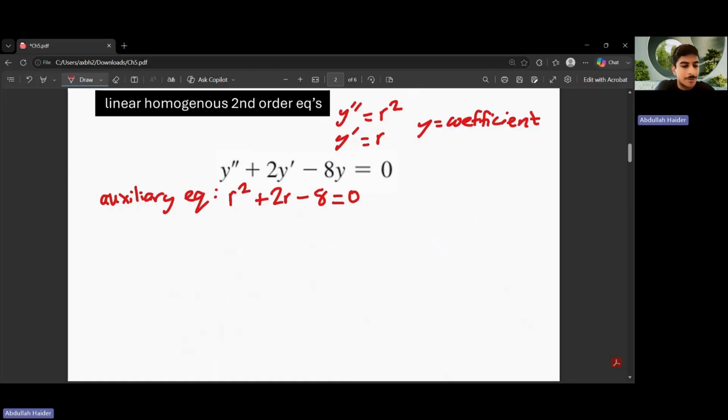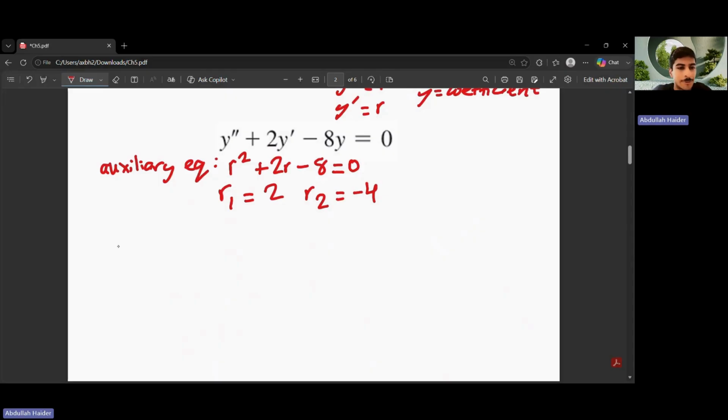Now we will solve this auxiliary equation. If I use my calculator to solve it, I will get r1 is equal to 2 and r2 is equal to negative 4. These are the solutions to the auxiliary equation.